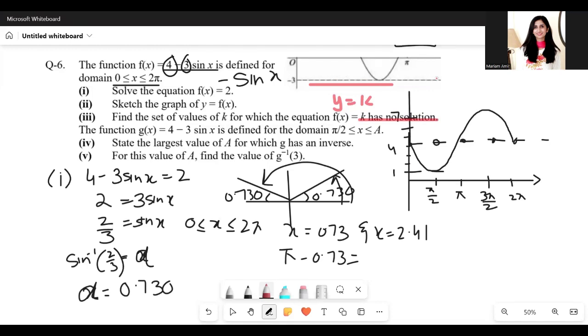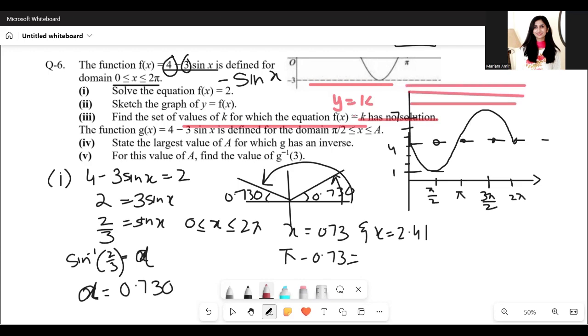All right, so back to the question. It says find the set of values of k for which f(x) = k has no solution. If you draw any line above 7, then it won't intersect with the graph. Or if you draw any line below 1, then it won't intersect with the graph as well.